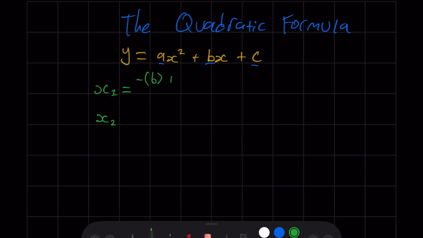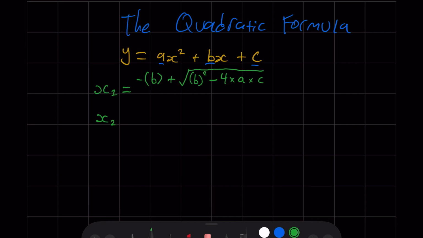Negative b plus the square root of b in brackets again, squared, minus 4, and the 4 is always there, times a times c.